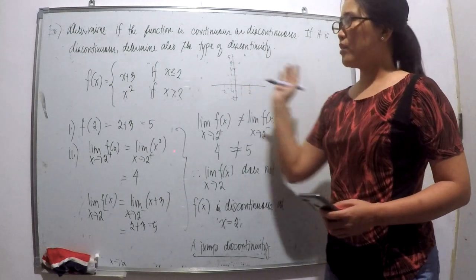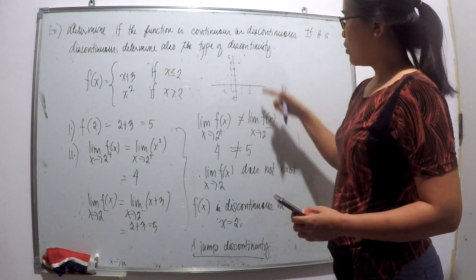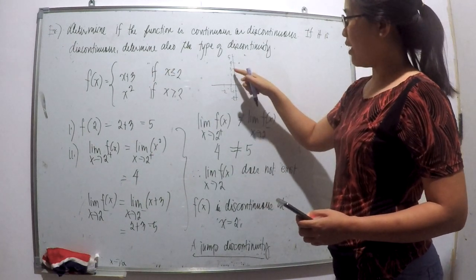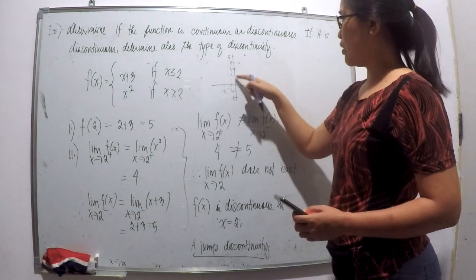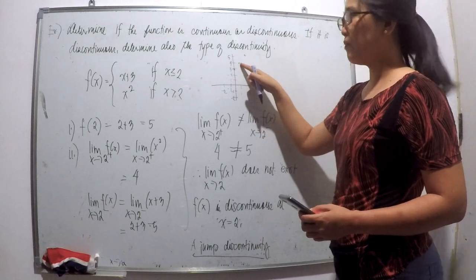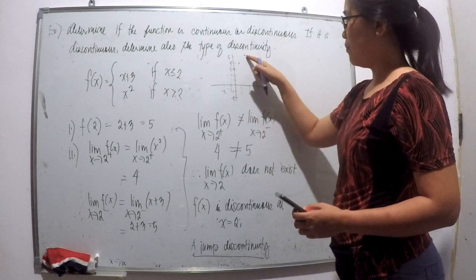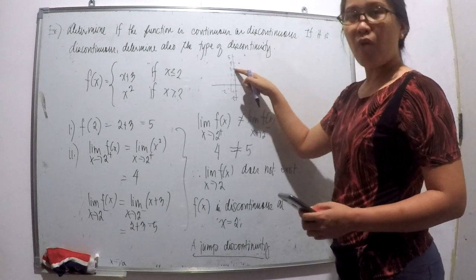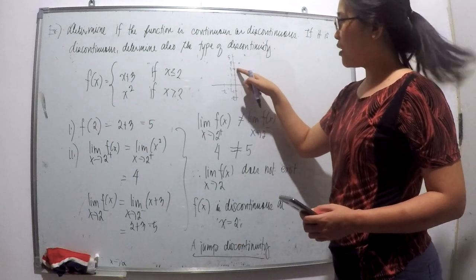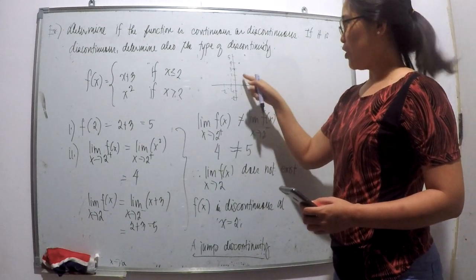So if we sketch the graph of x plus 3, again the y-intercept is 3. Then you rise 1 unit and run 1 unit to the right because the slope is positive. Then you fall 1 unit and run to the left.